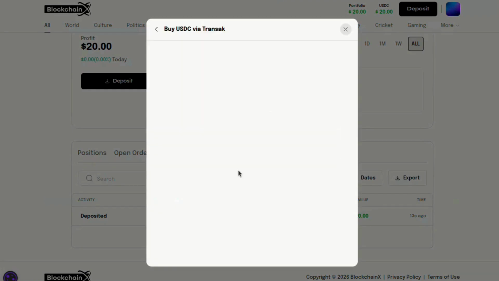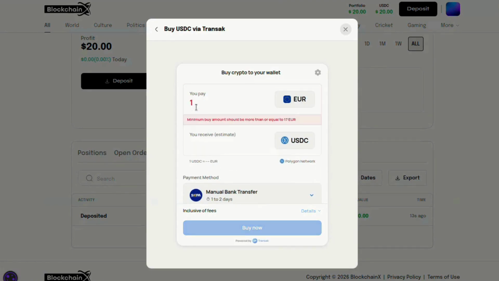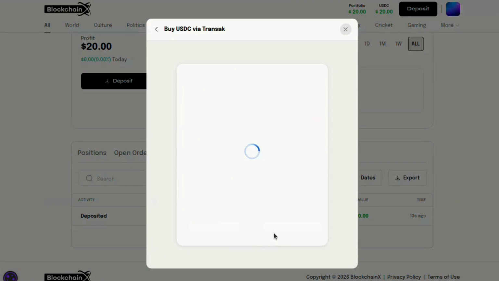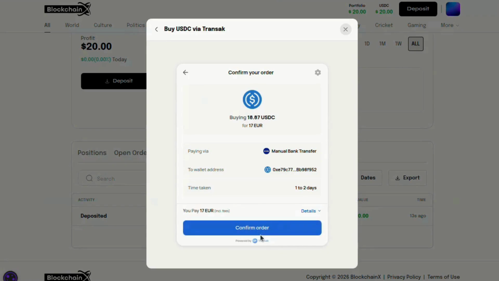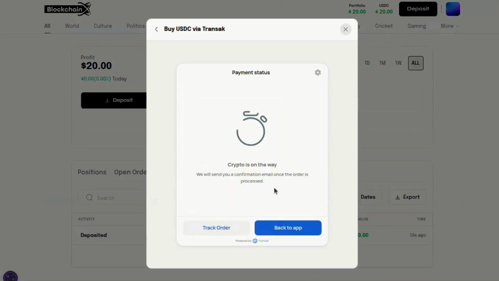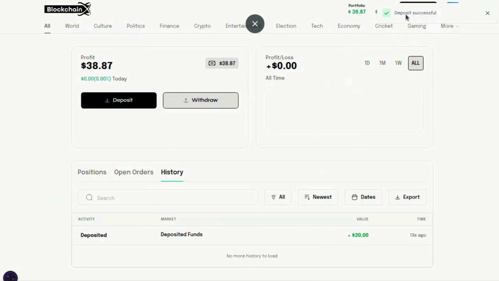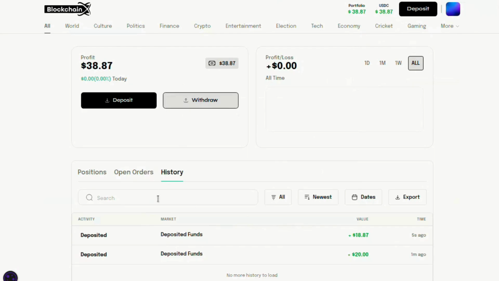Once the transaction is completed successfully, the balance is updated in the wallet. The deposit transaction is recorded in the History section.